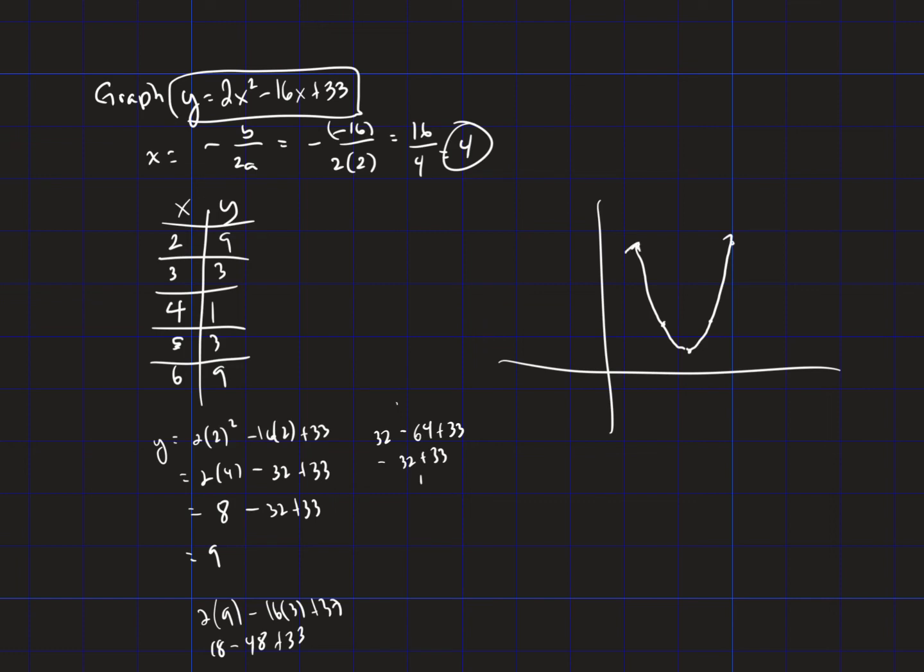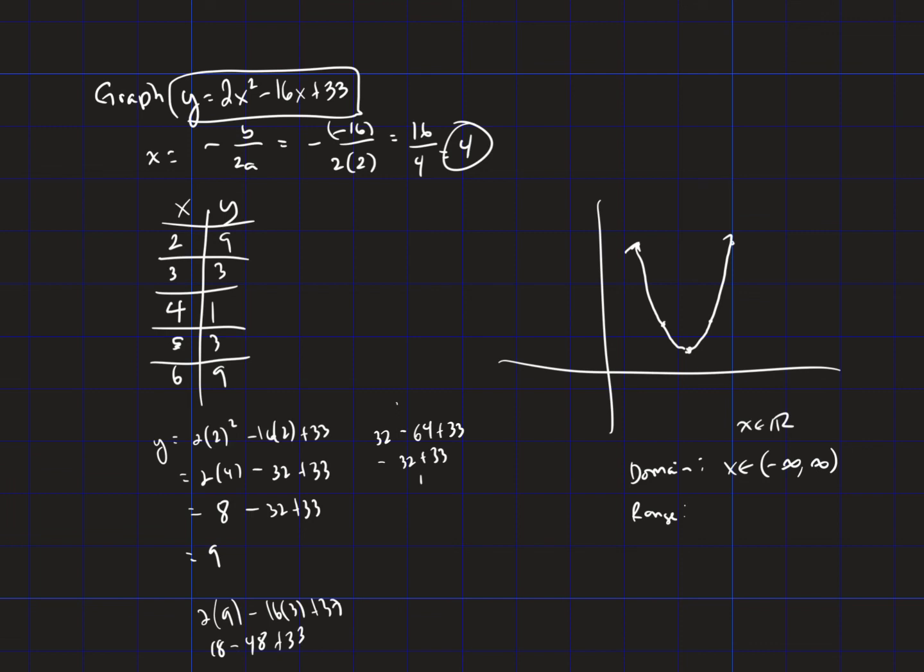Now, your domain on any parabola is always going to be all real numbers. You can write x as an element of the interval from negative infinity to positive infinity. You can also write x as an element of all real numbers. That's the same thing. The range is going to depend on which way your parabola faces and what your maximum or minimum value is.